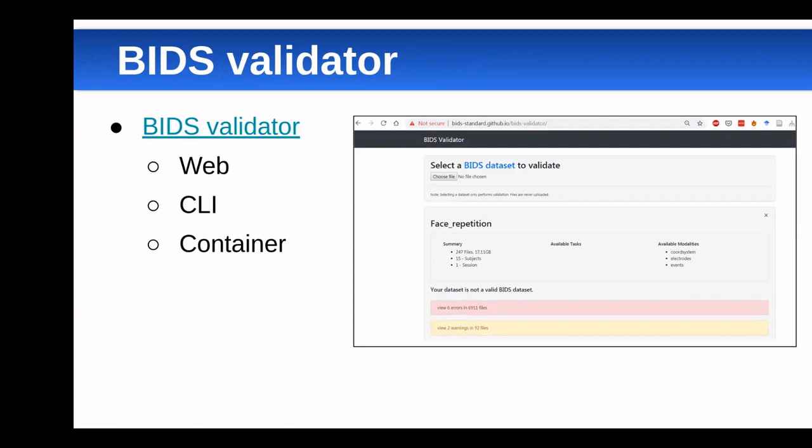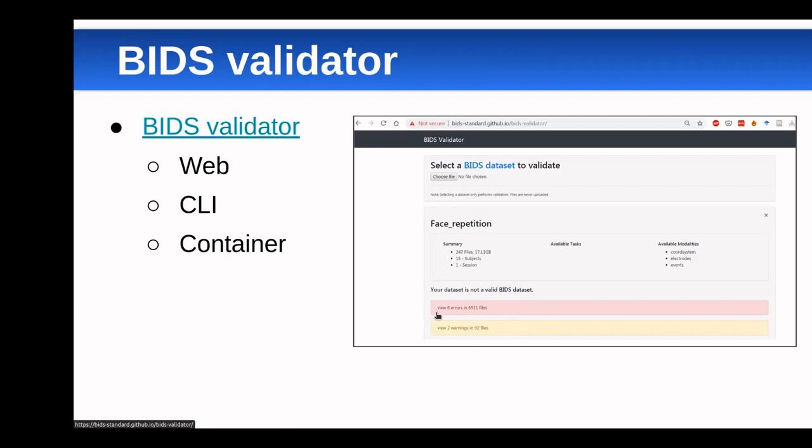Most of you, if you've used it, will mostly know the website, the web format of the validator, where you open this website, you click on choose file, and you point the validator to the root folder of your dataset. Then it will make a list of everything that's in there and report some errors or warnings depending on whether your BIDS dataset is compliant or not.